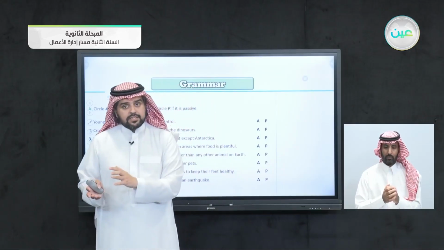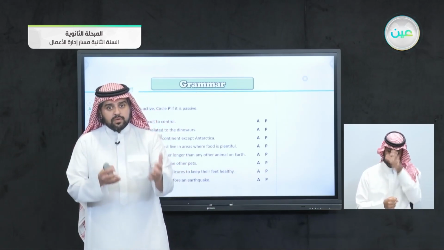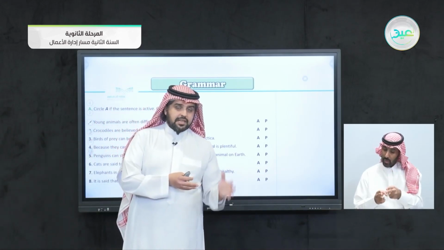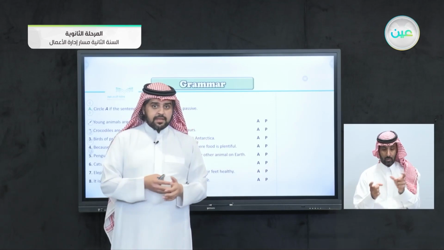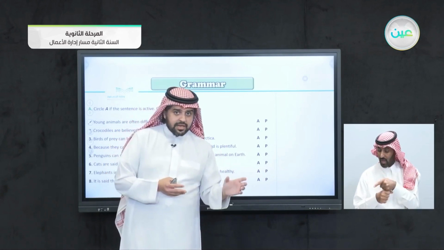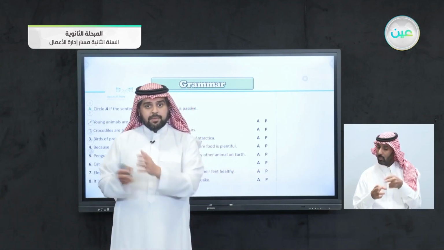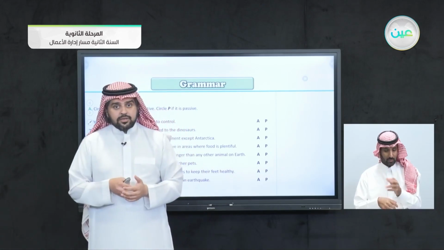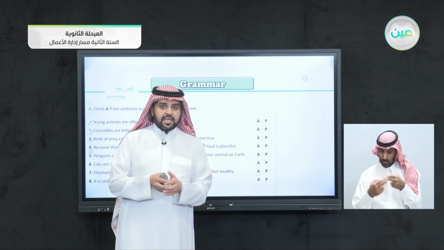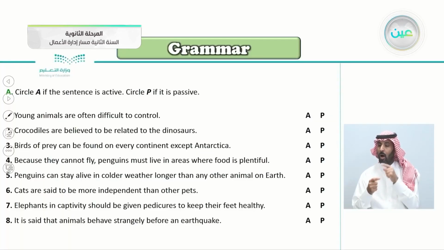If it's passive, it always begins with the object, but the active begins with the subject. And remember the form of the passive: the modal, and then be, and then the past participle. But the main hint is that the passive always begins with the object.